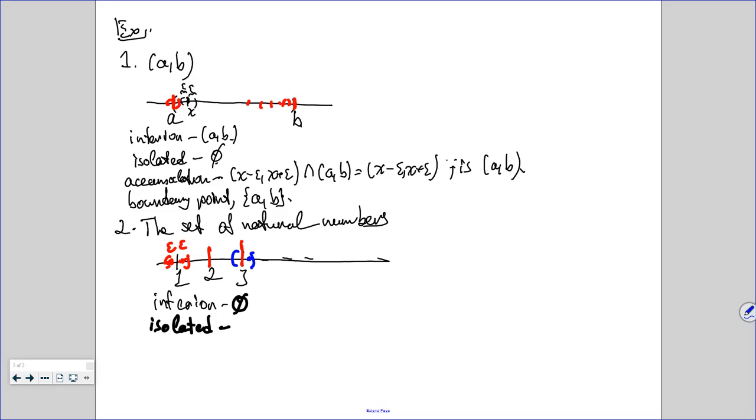So the only point in this intersection is n, the natural number itself. Thus, the isolated points of the set of natural numbers are the points themselves.